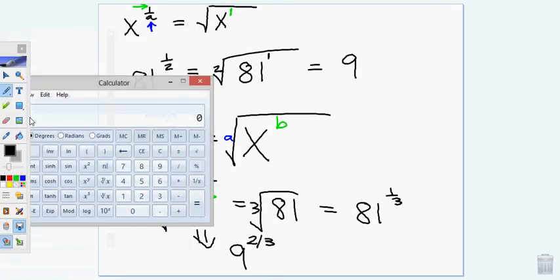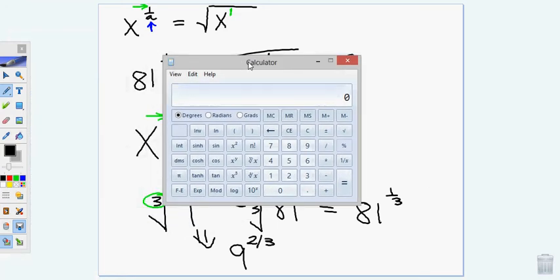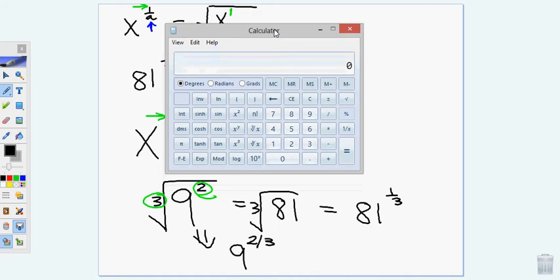All right, so let's use this scientific calculator here and use the same problem. All of you have a scientific calculator, and most of you have a graphing one, so it'll look more or less something like this. If I take 9 and take it to the power of 2 divided by 3, using my x to the power of key, it's going to tell me that the answer is 27, because it squared it, made it 81, then divided it by 3.